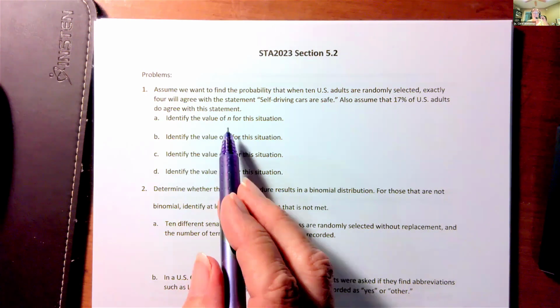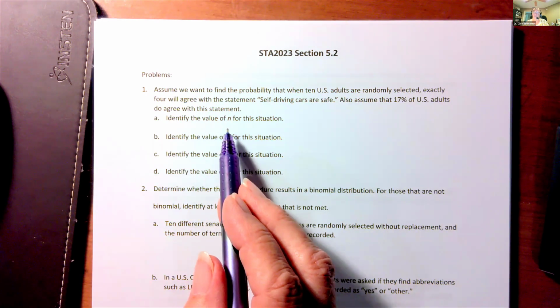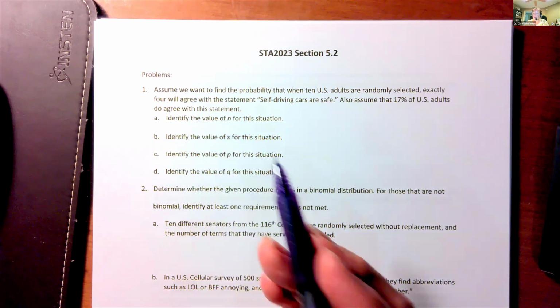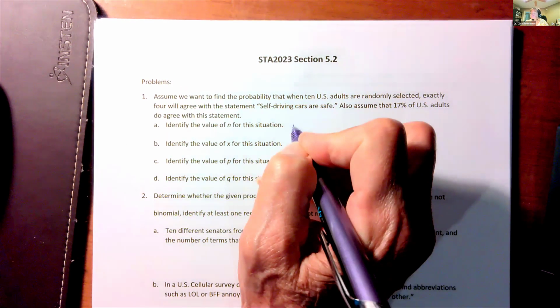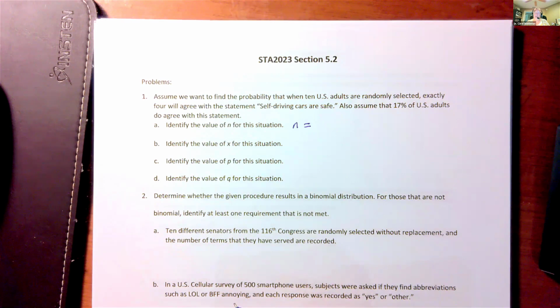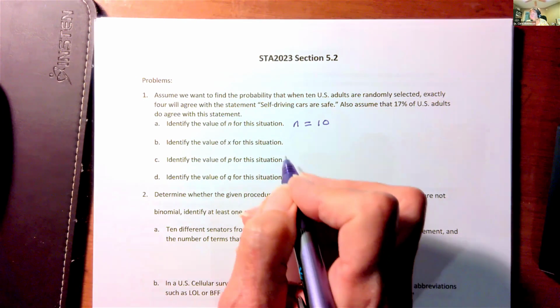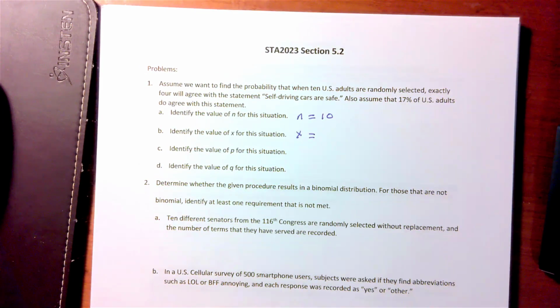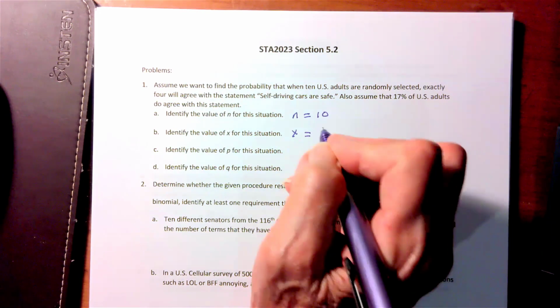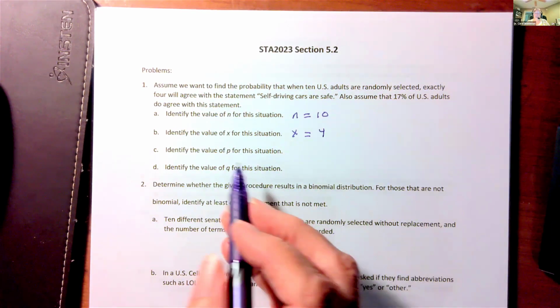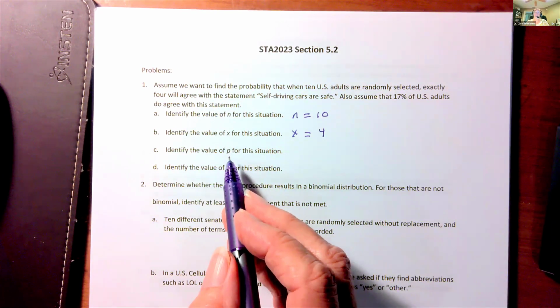So what's the value of n for this particular situation? How many adults did we pick? How many trials are we going to do here? 10. How many successes were we looking for? 4. Yep, that told us that in the problem, exactly 4. What's the value of p for this problem? First of all, what's a success?